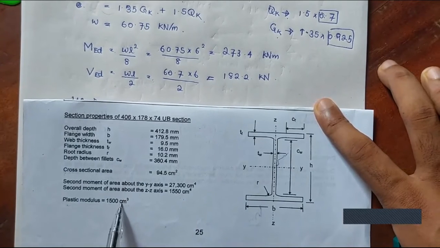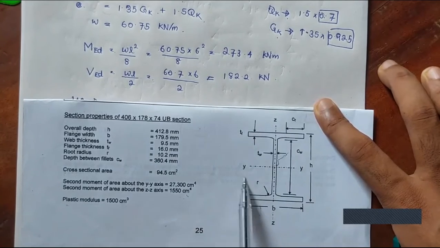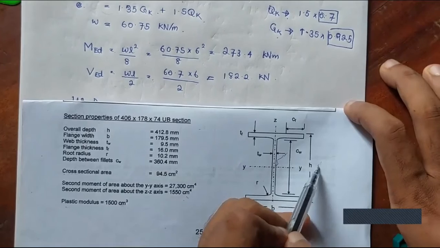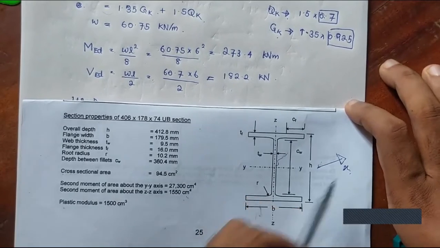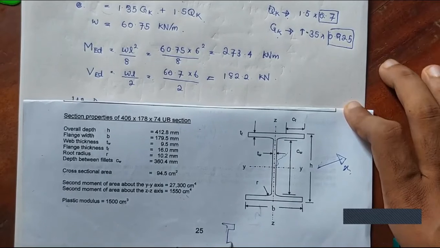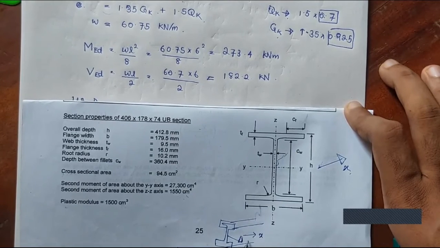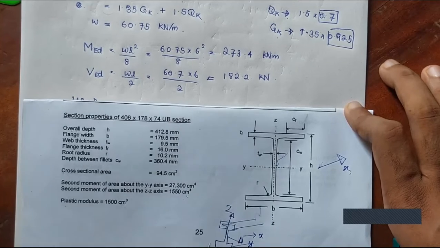Plastic modulus is given. Section modulus about Z. So Z is this axis, X is this axis. So the longitudinal third axis will be X, right? That's the axial direction. So the beam is like this. So this is the x-axis, this is the y-axis, this is the z-axis, right?